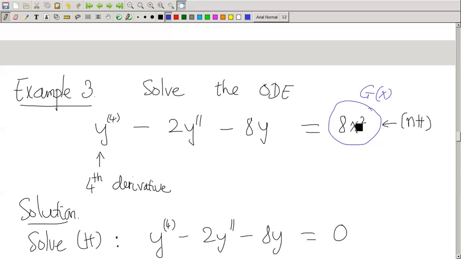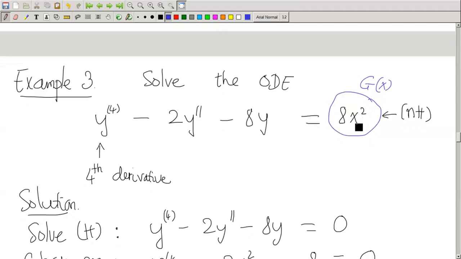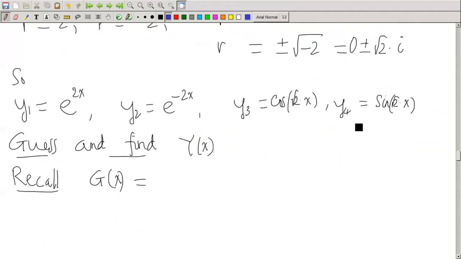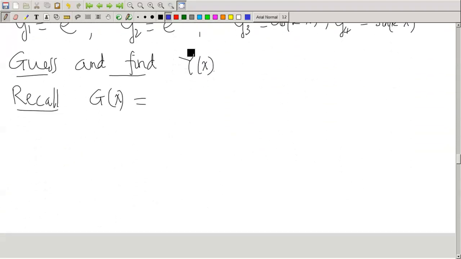So as before, we should fill in the missing powers of x. 8x squared plus 0x plus 0, like what we should do. And here 0 means 0 times 1.